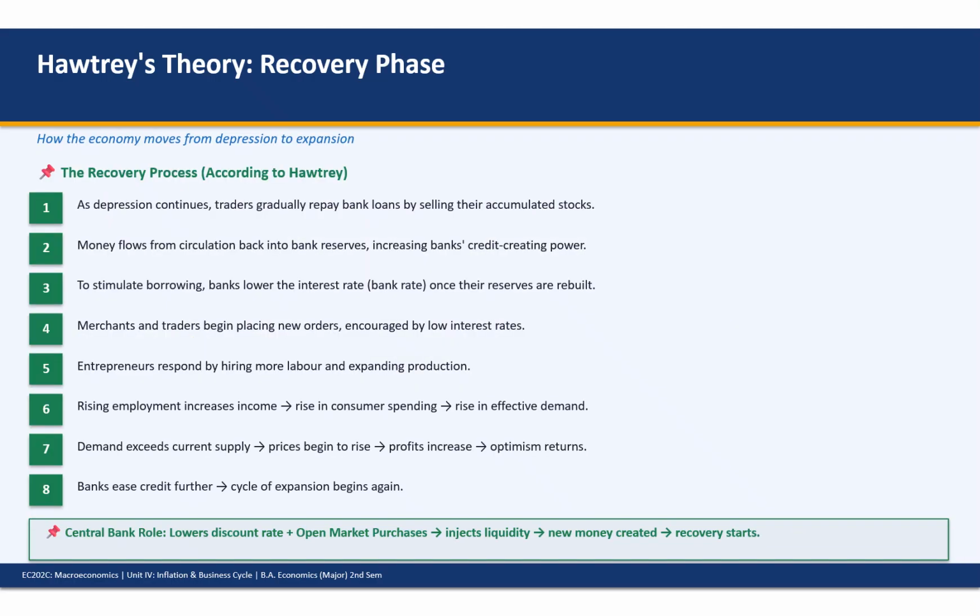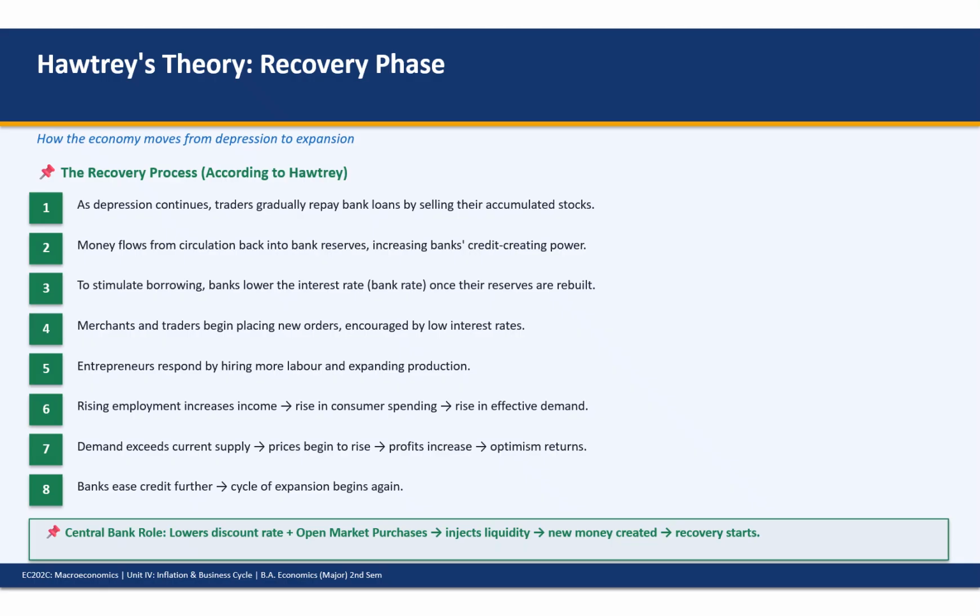Now let us see how the economy moves from depression back to expansion in Hawtrey's theory. The recovery phase begins when the forces that caused the downturn start to weaken and confidence slowly returns.